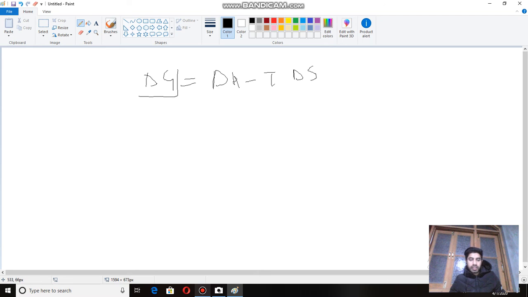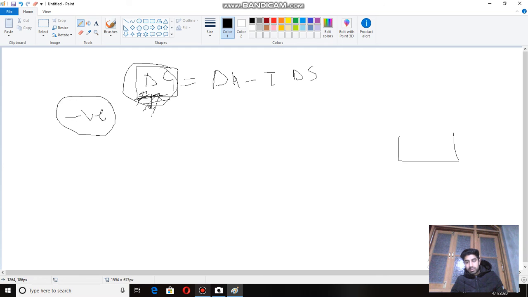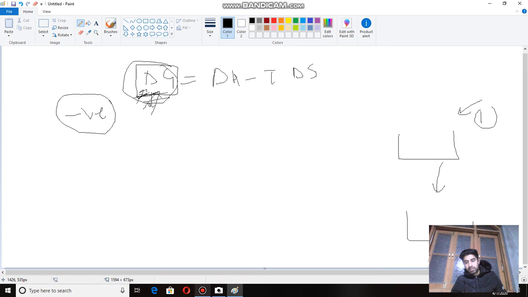Now this delta G is the Gibbs free energy. As the Gibbs-Helmholtz equation suggests, for any process to be feasible, this delta G should be negative. That means Gibbs free energy during any process should decrease. What do I mean by that? If a state of system is basically at this, and after some process, by some changes, we took it to another state.